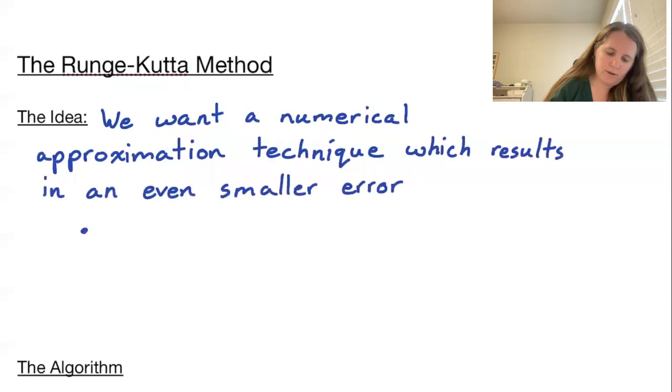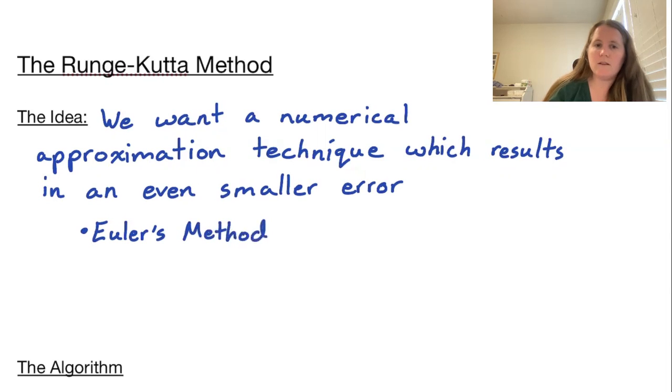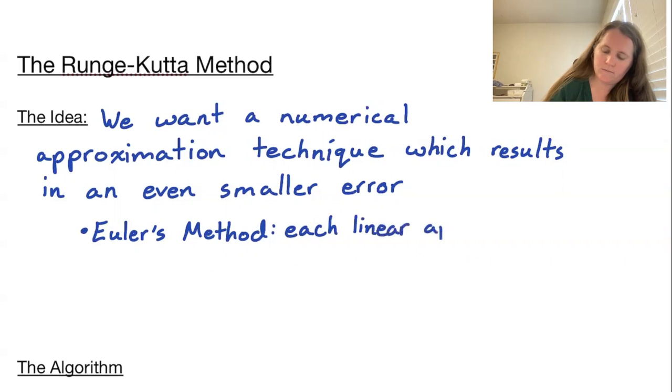So recall Euler's method, the linear approximation we were working with was based off of one point slope. So each linear approximation was based off the slope at one point.